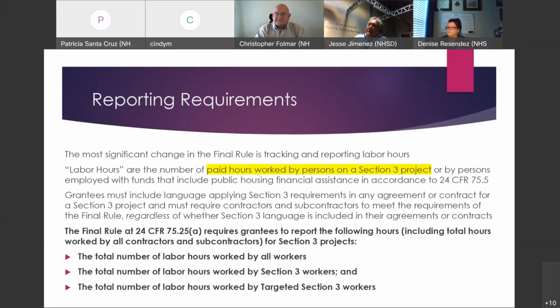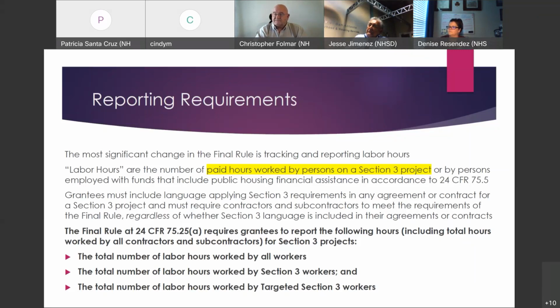It's the developer's responsibility to ensure that your contractors and subcontractors are reporting Section 3. Usually our contracts will have a Section 3 clause in it, and it will say that you have to include that section in any contracts you have with subcontractors. And it also requires the contractors to have that section in their contracts with the subcontractors.